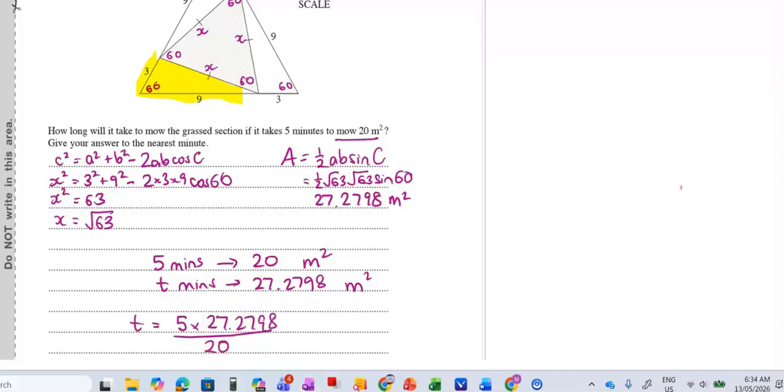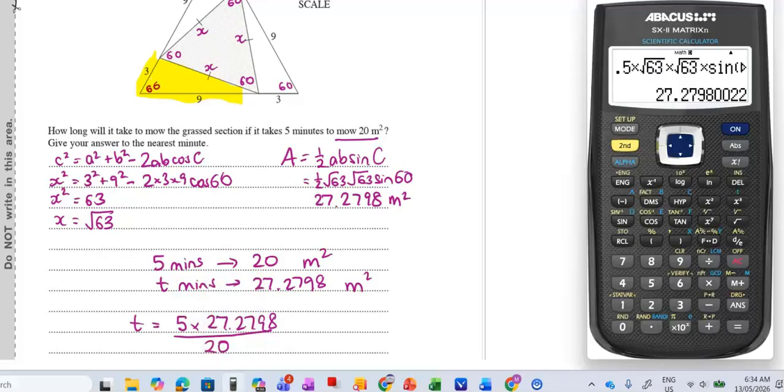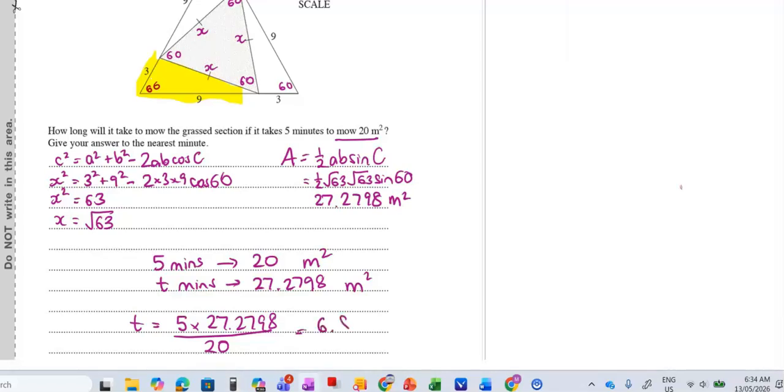I'll do that in my calculator. So I already have that number there, times 5 divided by 20. I get 6.8199. And they want it to the nearest minute, so that's approximately 7 minutes. And that's my answer.